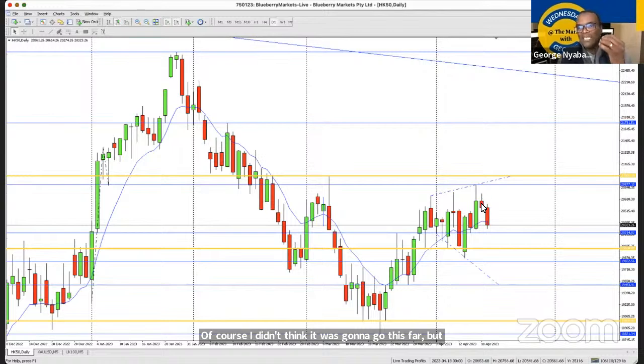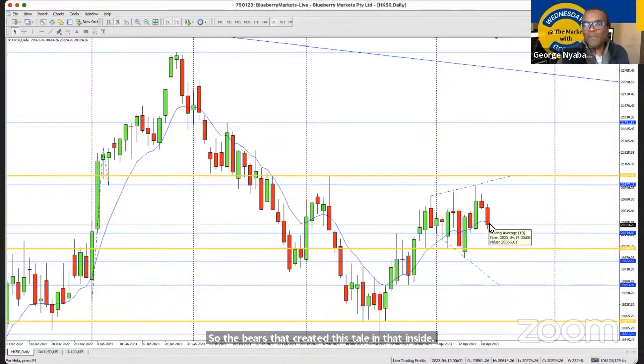Reason for that is inside candle at the top of an expanding triangle, a failed breakout this particular day above the doji, above that previous lower high in March. So the bears that created this tail and that inside candle have a lot more momentum, at least for a little bit more selling. And today we've got much more.